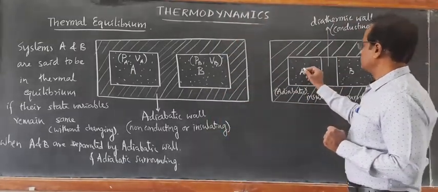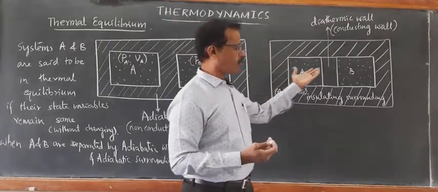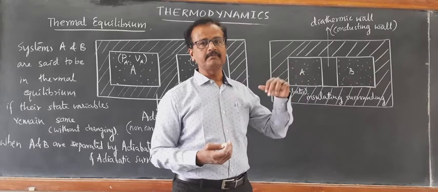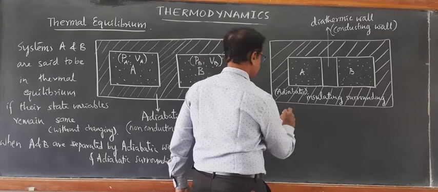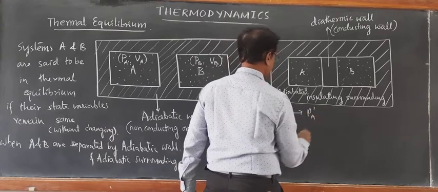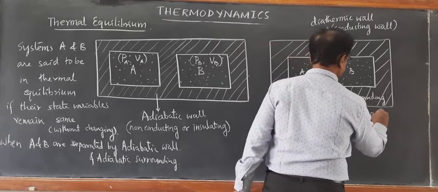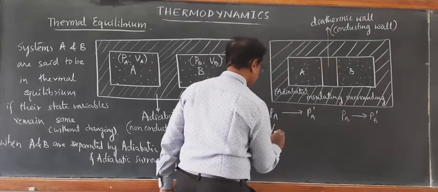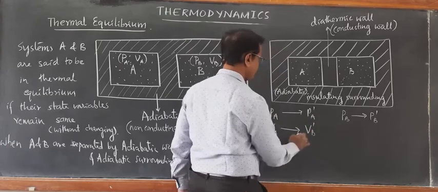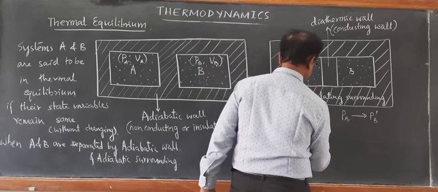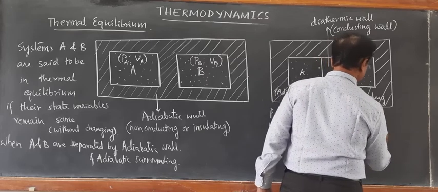Then after a certain time, due to exchange of heat, the pressure and volume values will not remain the same. They will change. PA will change to PA dash, PB will change to PB dash. Similarly, volume VA will change to VA dash, and VB of system B will change to VB dash.